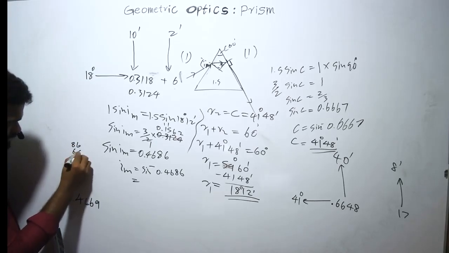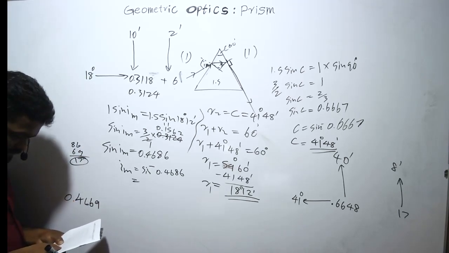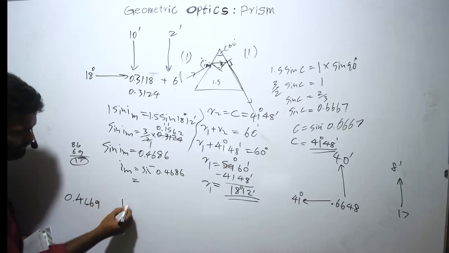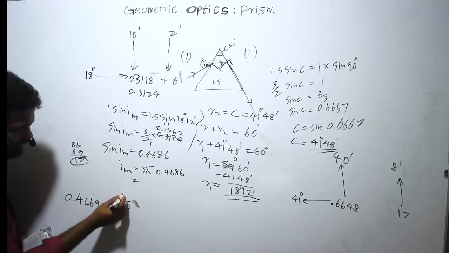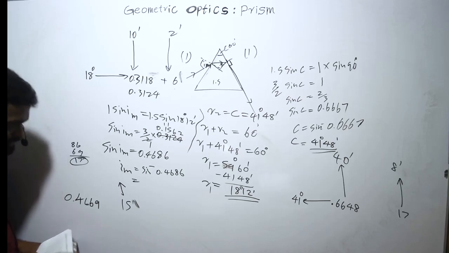86 minus 69 means 17. So there are 17 remaining. You need to find that from the table, I mean from the remaining side. We have 15. So 15 means 6 minutes.